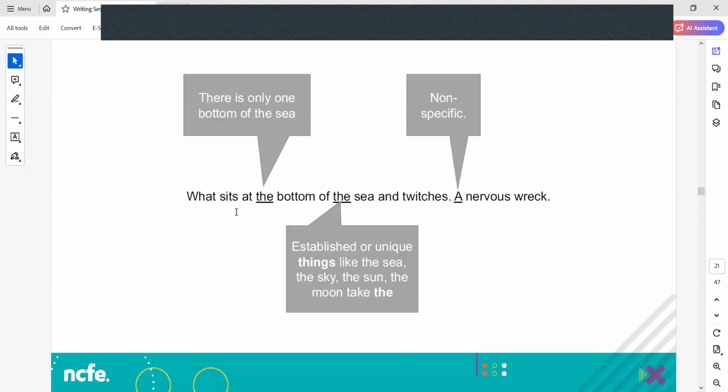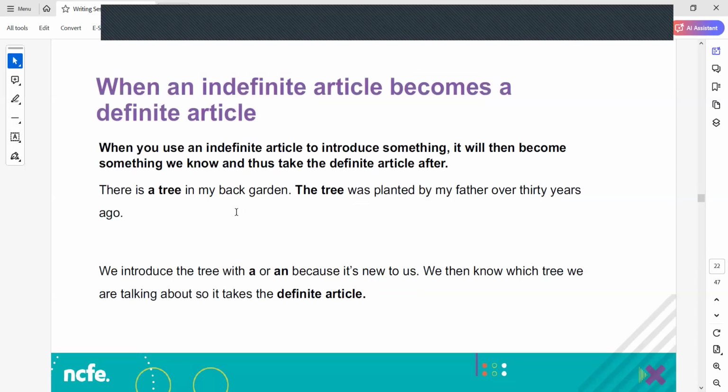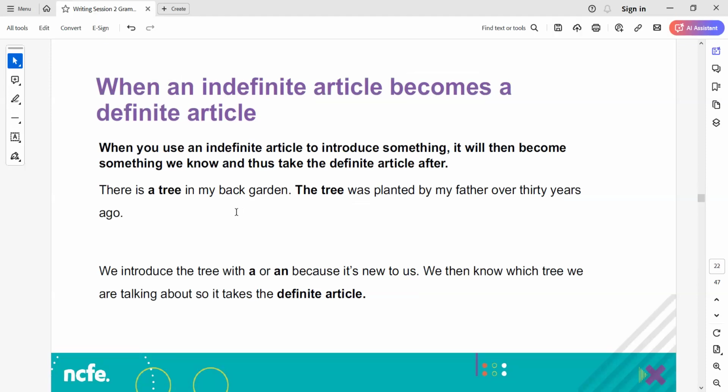Any questions so far about using a and the? So, when an indefinite article becomes a definite article, so when a or an becomes the. You use an indefinite article to introduce something.